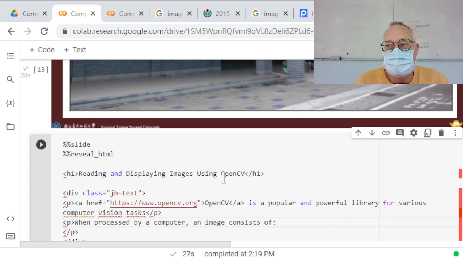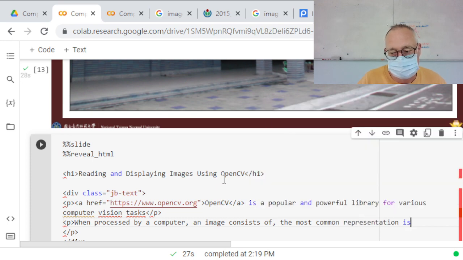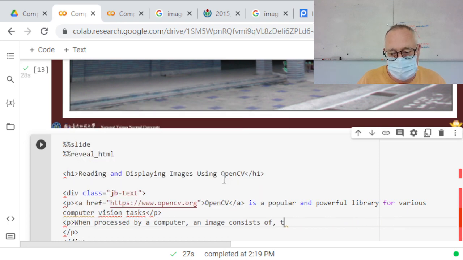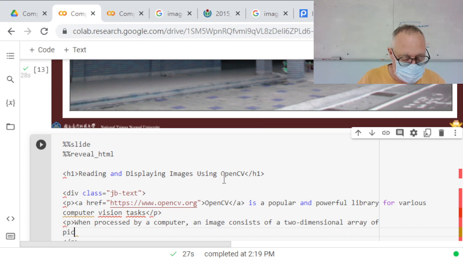So when we're processing an image using a computer, the most common representation is that our image consists of a two-dimensional array of picture elements.